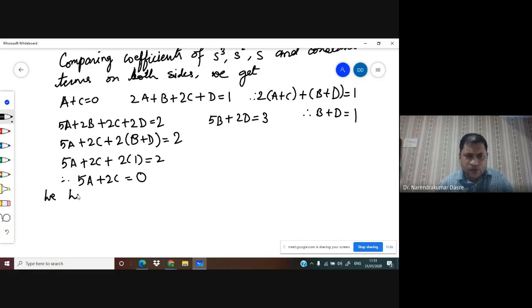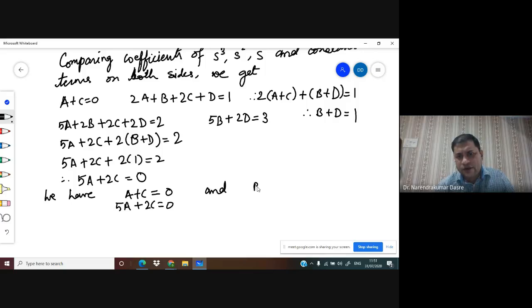So if we look at the first equations, we feel that it is a 4 by 4 system of linear equations which we cannot solve by using calculator. But if we use this equation, then it reduces to two systems of 2 by 2. So what are the two systems of 2 by 2? A plus C is equal to 0, 5A plus 2C is equal to 0.